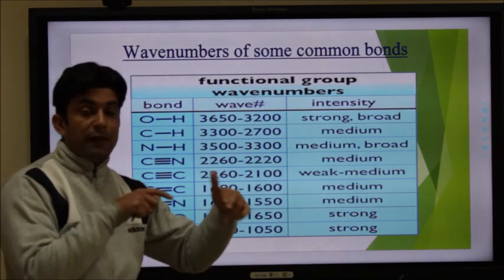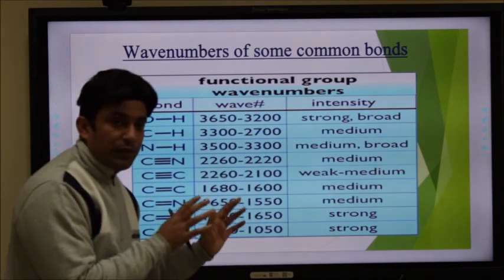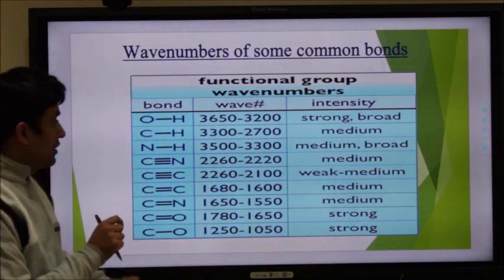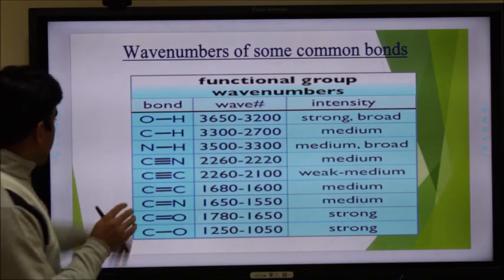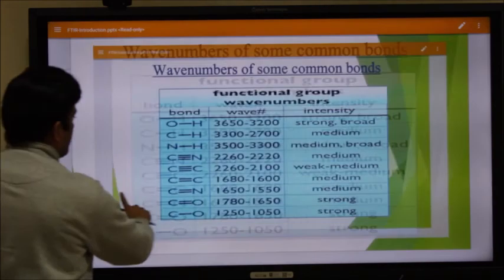We measured that vibration, and with the help of Fourier transform instrumentation we created a graph, and from that graph we got the information and different types of peaks.